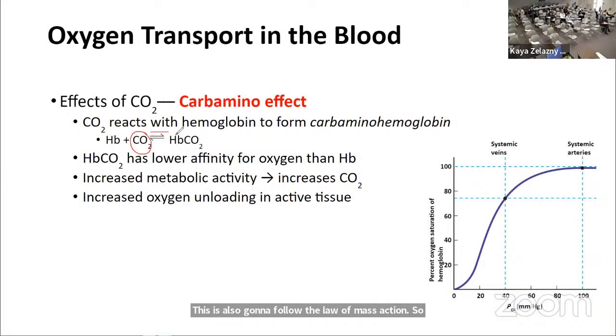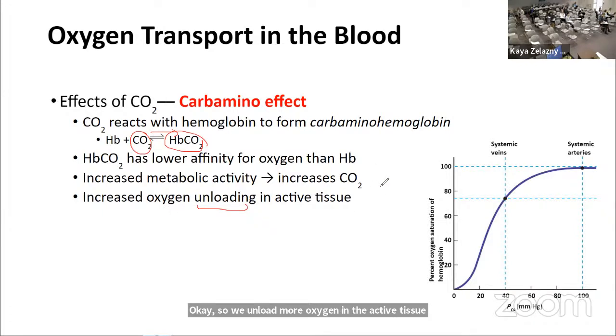So we're going to push this equation to the right. More carbon dioxide, we form more carbamino hemoglobin. Carbamino hemoglobin doesn't like to bind oxygen as easily, which means that when it gets to the tissue, it also lets go of that oxygen more easily. Okay, so we unload more oxygen in the active tissue.